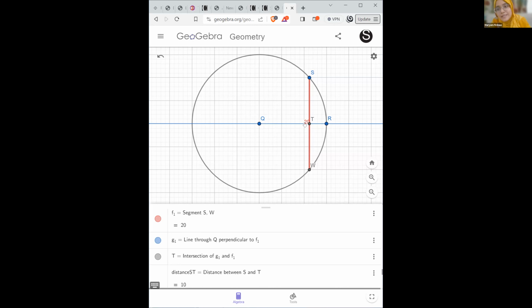What is the meaning of bisect? Bisect means it passes through another line.